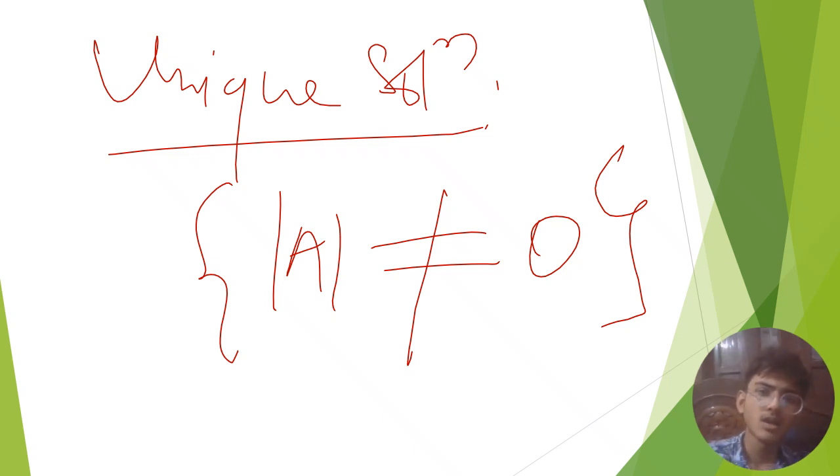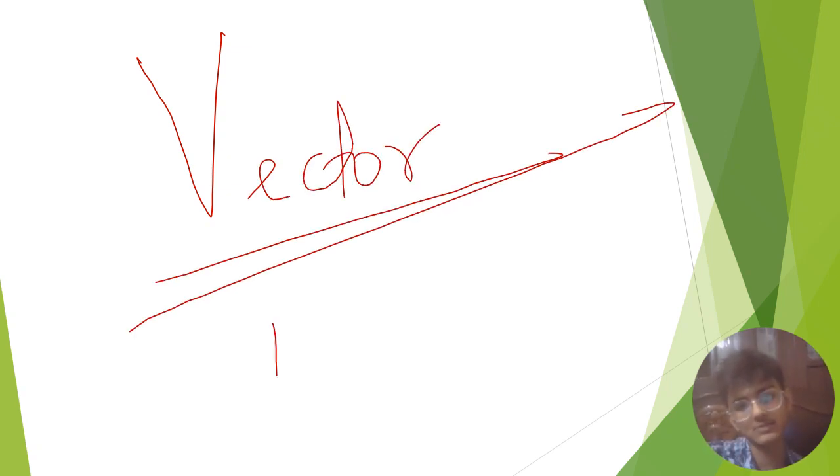In the next lecture we are going to discuss some problems on adjoint, inverse, and whatever we studied so far in matrices, and then we will switch to the next chapter. I have decided to start some portions of vectors.